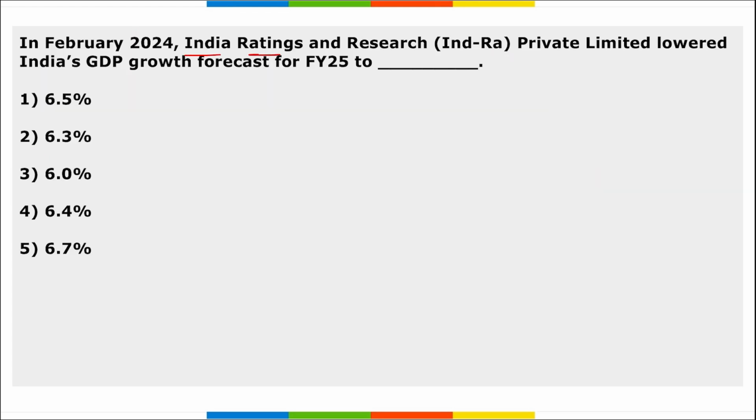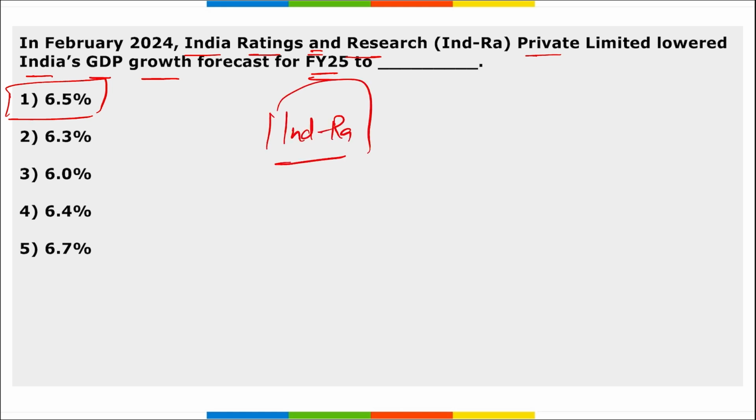Next, India Ratings and Research Private Limited lowered India's GDP growth forecast for fiscal year 25 to dash. So, according to them, India in fiscal year 25 will be growing by 6.5%. This data was released by Ind-Ra, that is India Ratings and Research, correct?